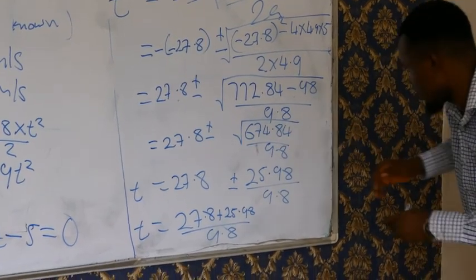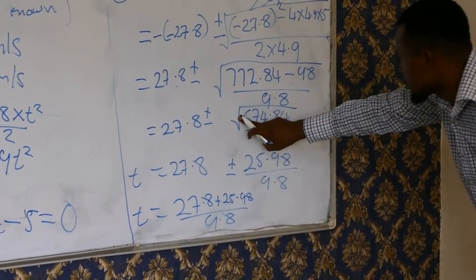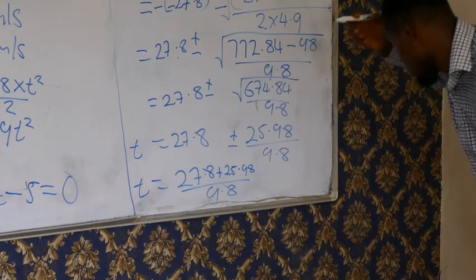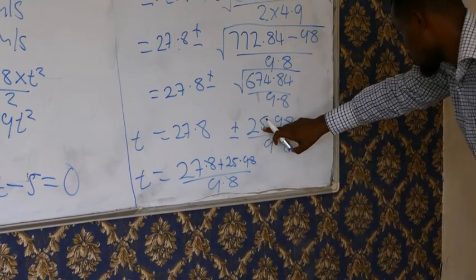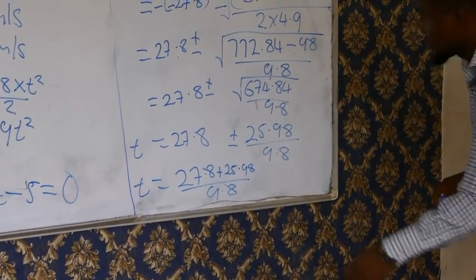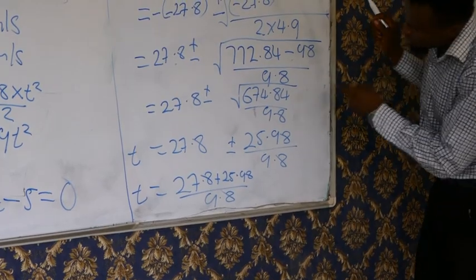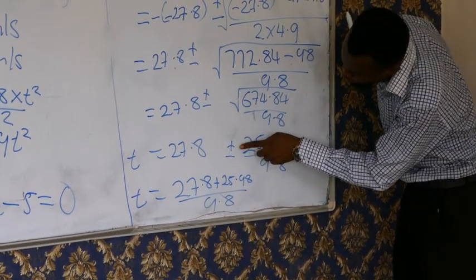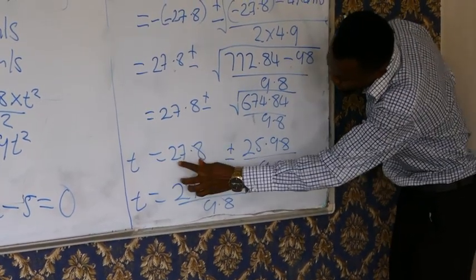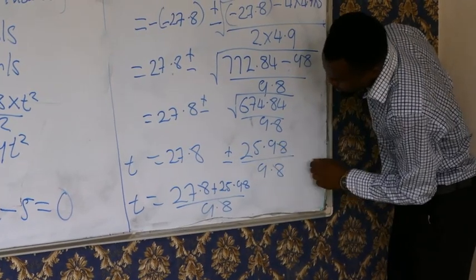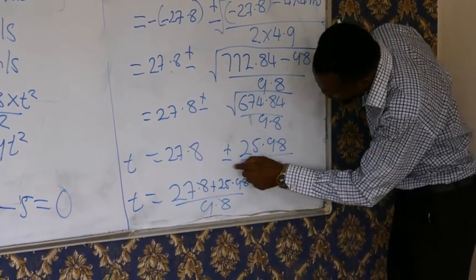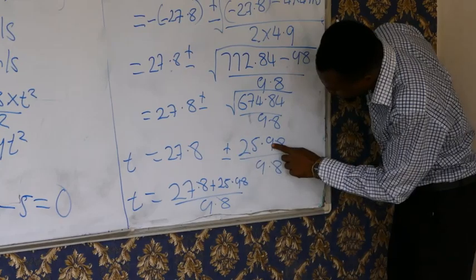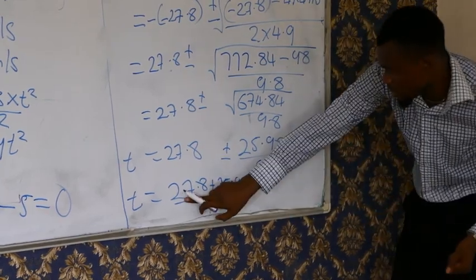Solve this independently, which is the square root of 647.84 giving us 25.98. There's a range of values here, plus or minus. So this added to this, all over this, or this subtracted from this, all over this, which is what I did here. Look at it.